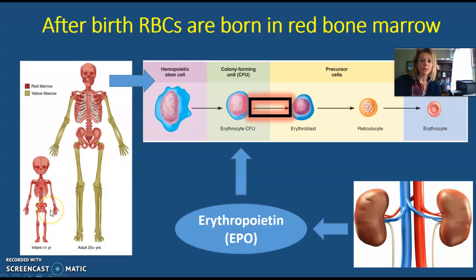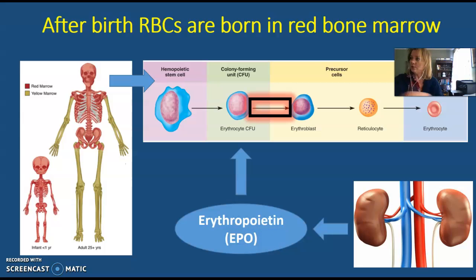Almost all of the bones contain red bone marrow, but then as an adult, the red bone marrow is restricted largely to the axial skeleton and also the flat bones, like of the pelvis and the shoulder girdle. And red blood cell formation is going to occur with the help of a hormone that comes from the kidneys called erythropoietin, which is abbreviated as EPO.